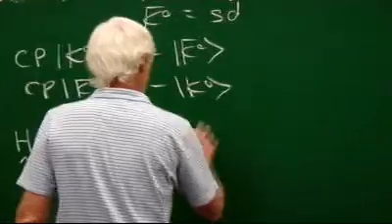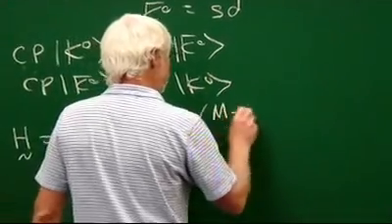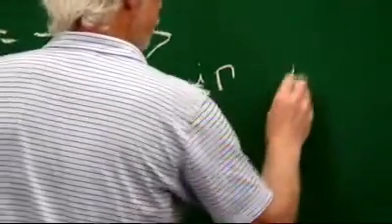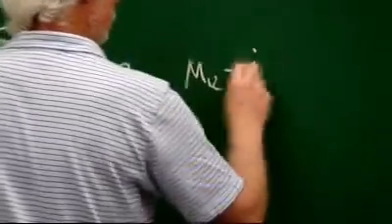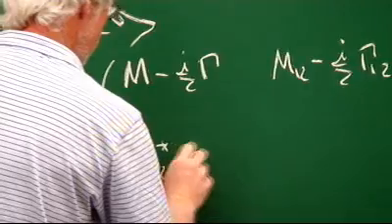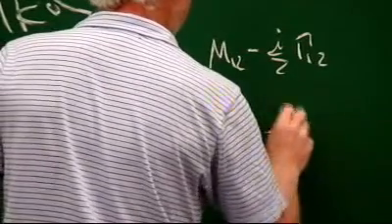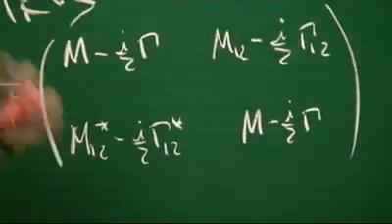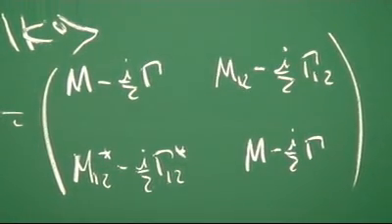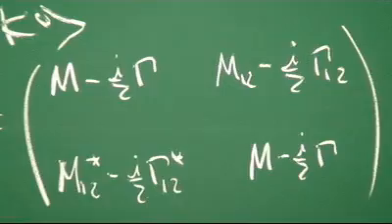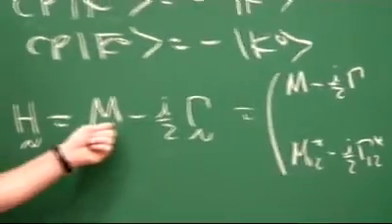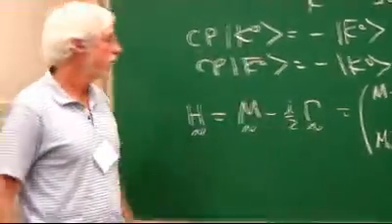Now, I'm going to write this out explicitly. What I wrote down doesn't look like the most general matrix that you would get, assuming that M is Hermitian and gamma is Hermitian.